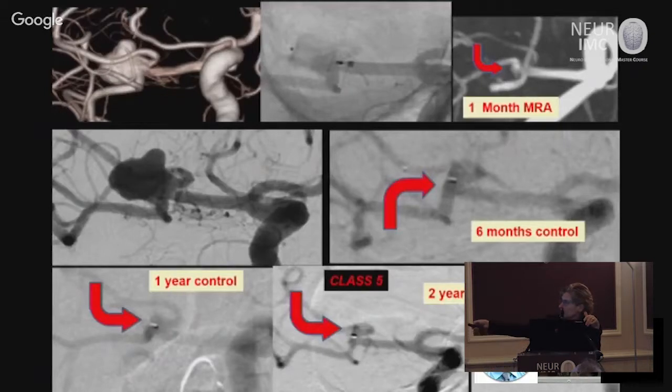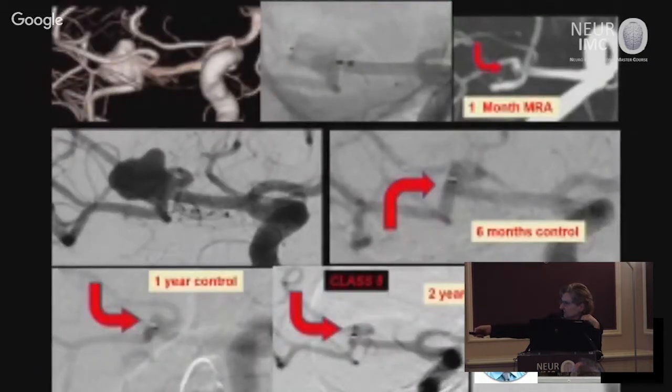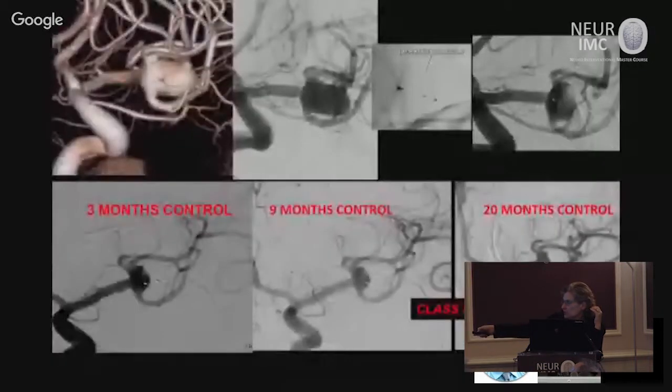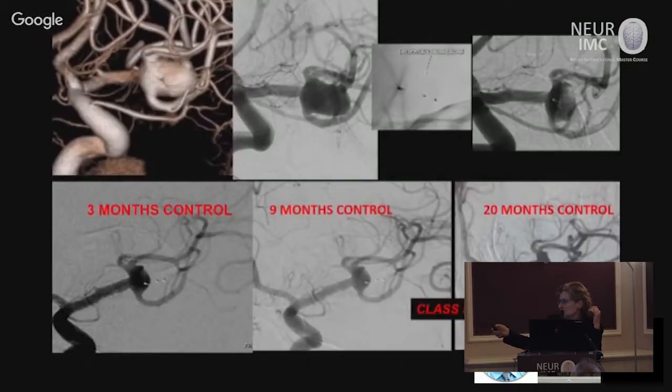In this scenario, the aneurysm is occluded. The inferior trunk, where the WEB device took or compromised it, got smaller. So it is class 1B occlusion, complete occlusion, but the branch is smaller.